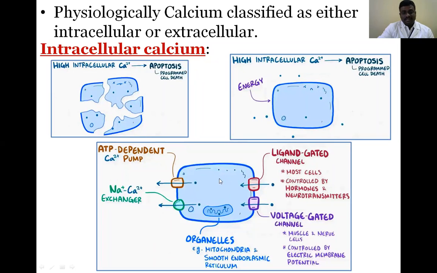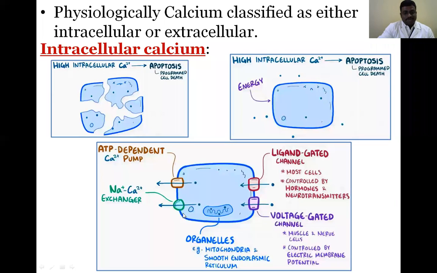After entering, when it exceeds the range, that calcium has to be eliminated from the intracellular to the extracellular space. When the cell is getting energy, the available calcium is transported from intracellular to extracellular.